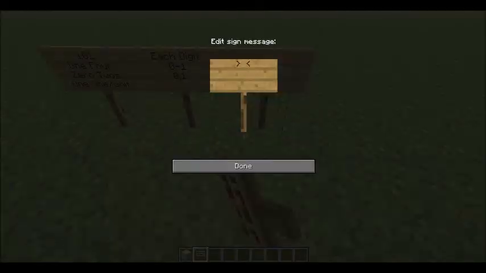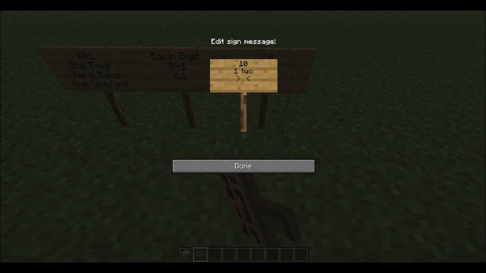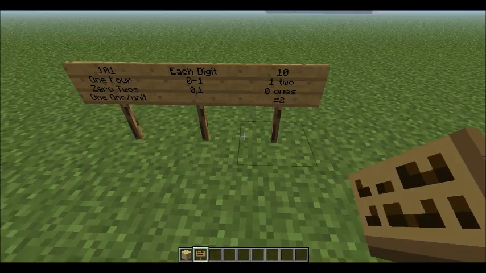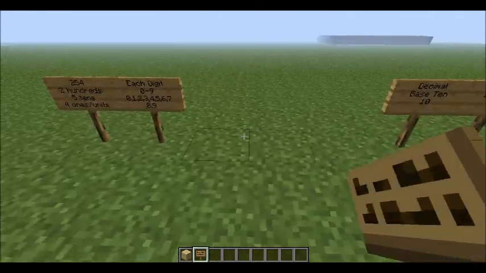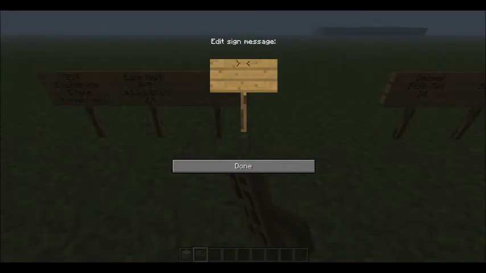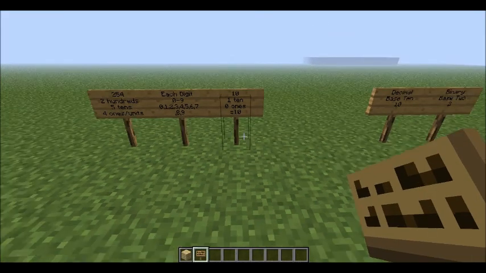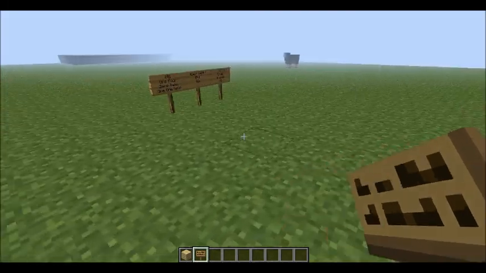So 1 two, 0 ones equals 2. If we do the same thing in decimal, we've got 10, we have 1 ten, 0 ones equals 10. So that's the basic concept behind it.